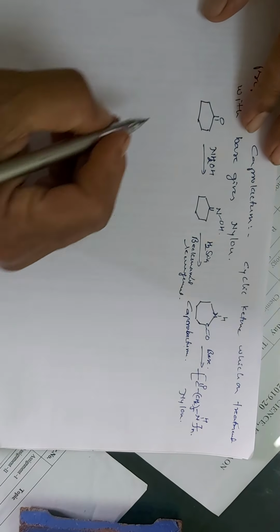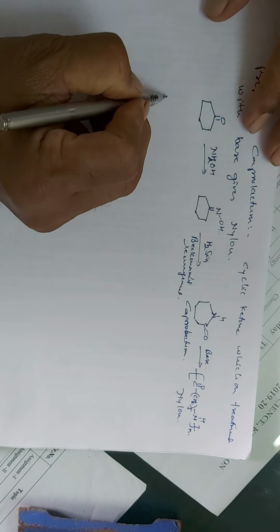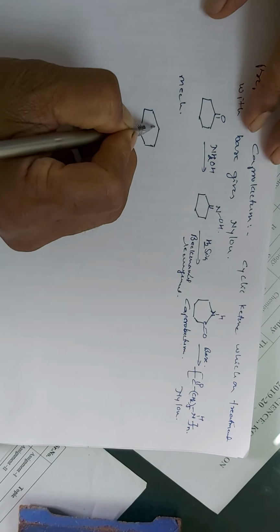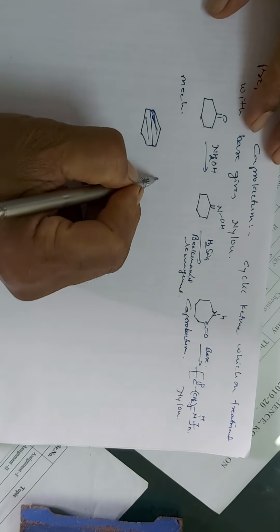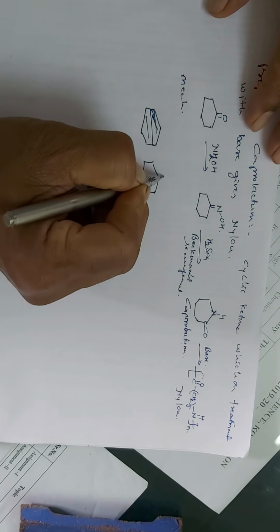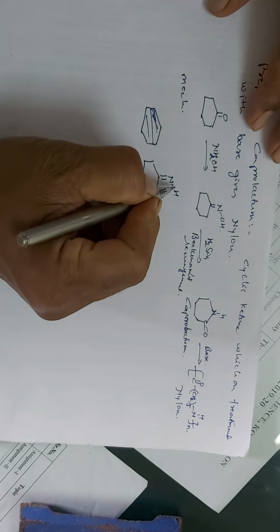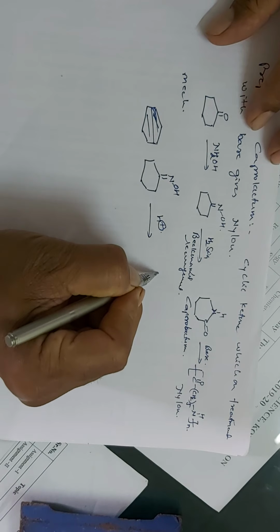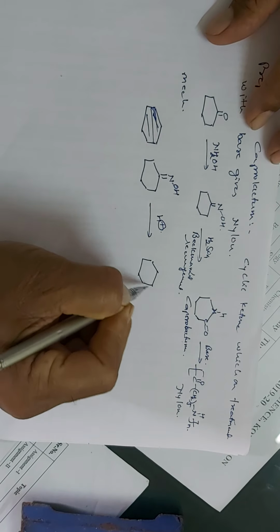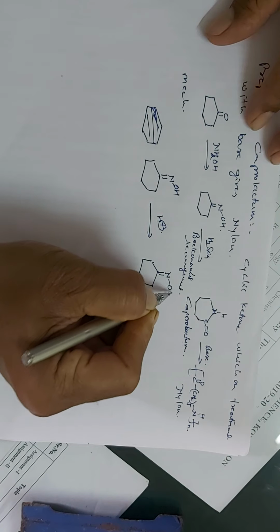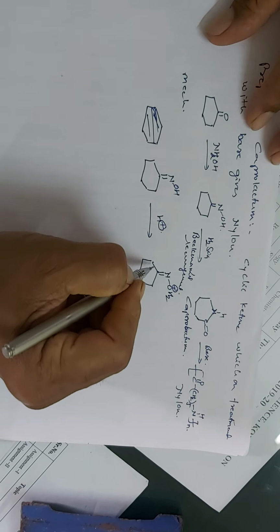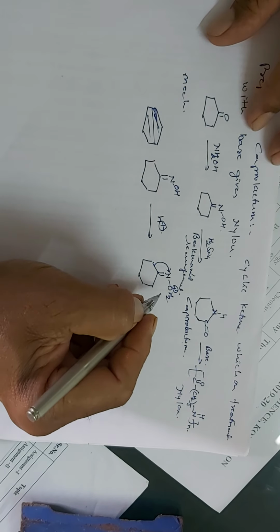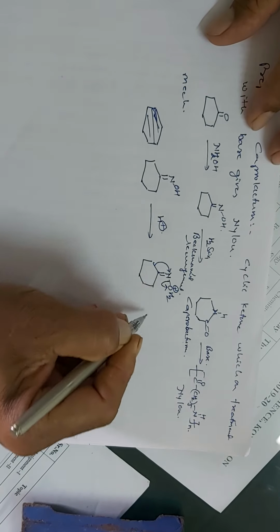And now we want to see the mechanism of how the Beckmann's rearrangement takes place here. The ketoxime which is obtained, on reaction with acid, gives the C double bond NOH2 plus. And so the migration of this alkyl group to this nitrogen takes place, and OH2 is given out.